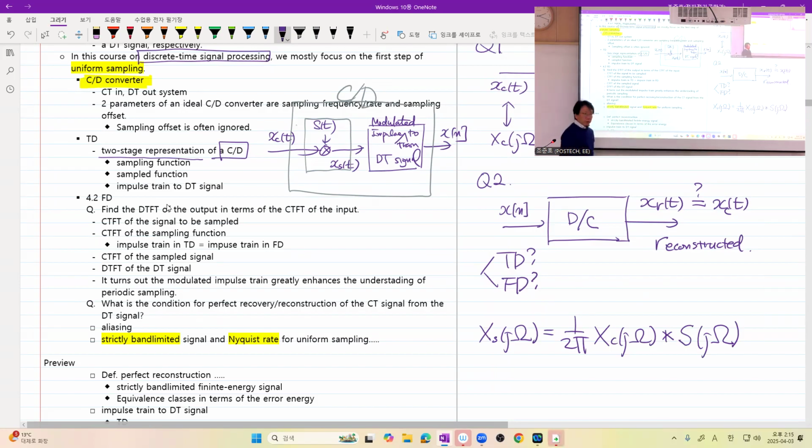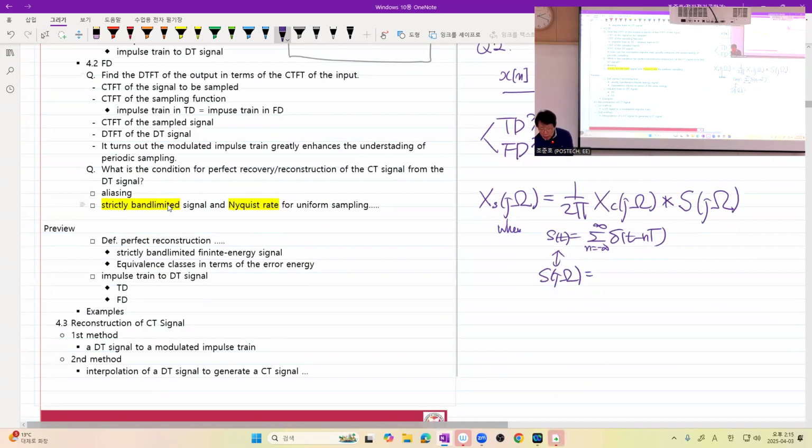What we know from signals and systems is that this s(t), which is the impulse train with period capital T, has the CT Fourier transform, again, what is that?